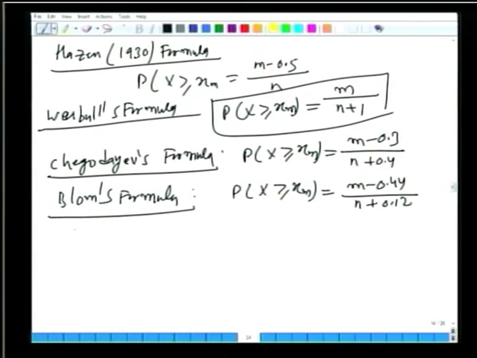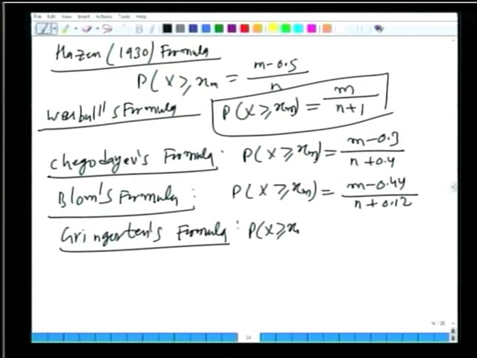And then there is Gringorten's formula, which says that this probability is given as m minus 3/8 over n plus 1/4. So, you see that there are so many formulas available to determine the plotting position.